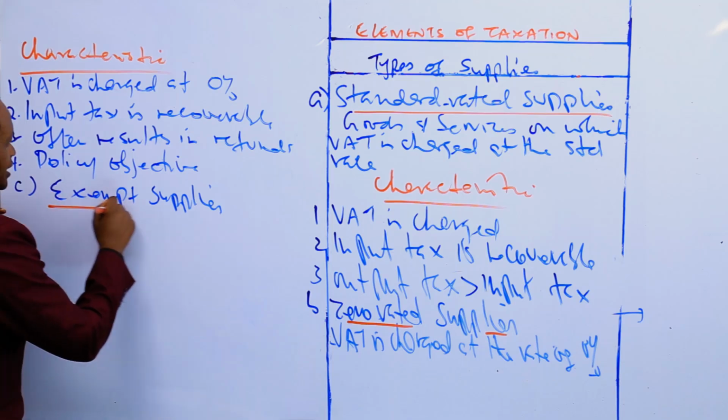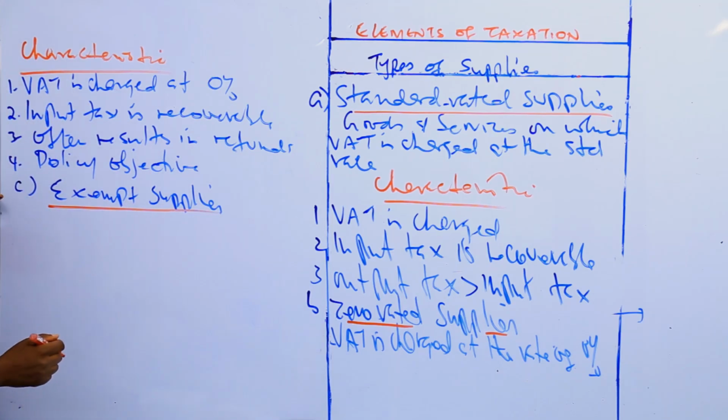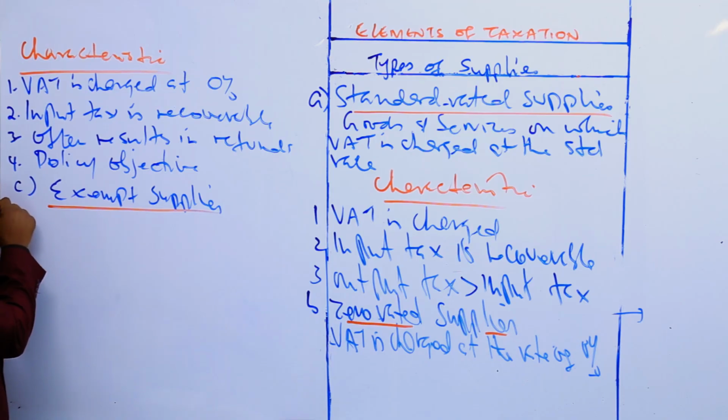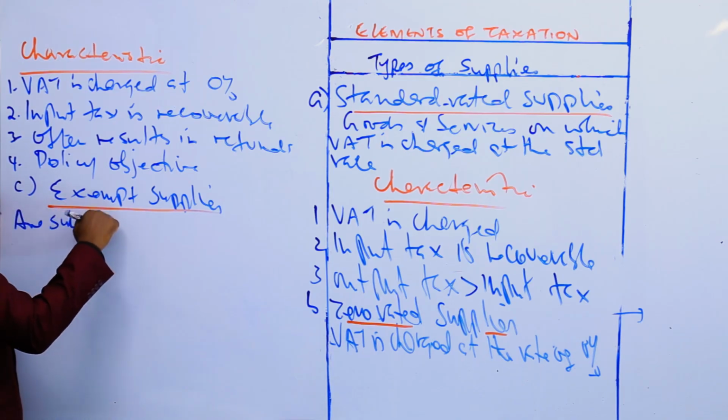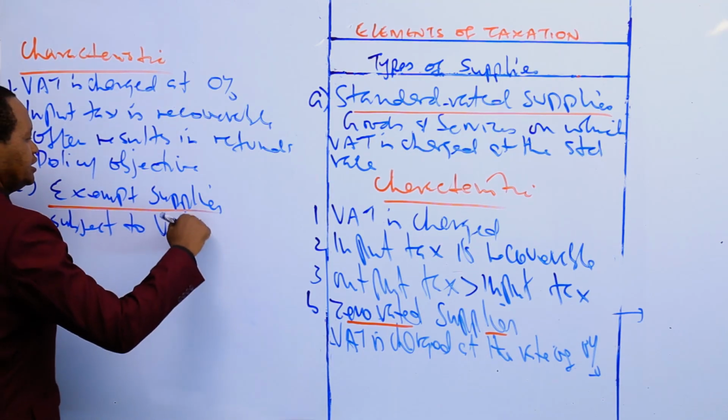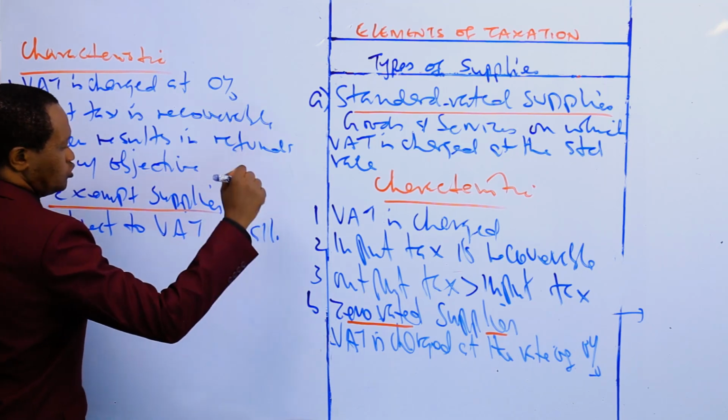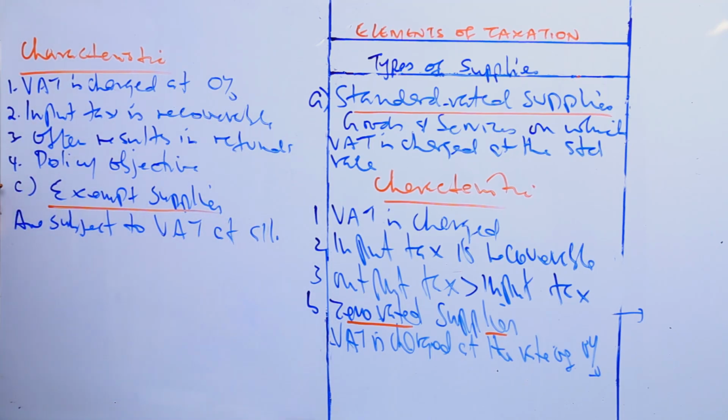Now, what are these exempt supplies? These are goods and services that are not subject to VAT at all. They are outside the scope of VAT and no VAT is charged on their supply.